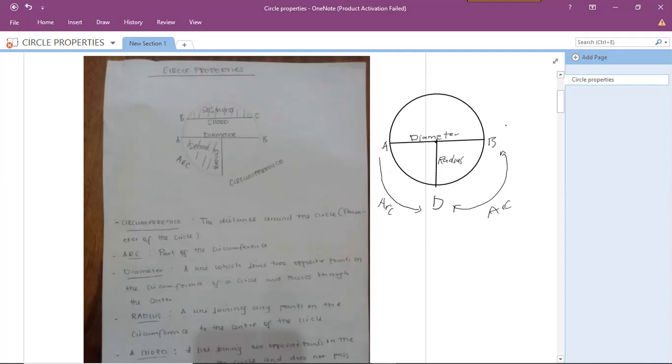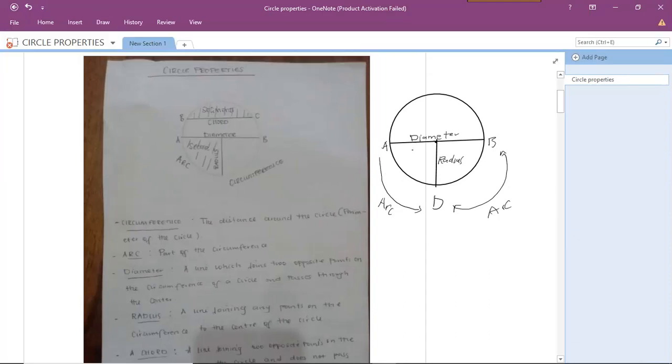Same here, the distance from B all the way to A is also an arc. So an arc is just anything that's a small segment of the circumference. As long as it's just part of the circumference, that distance is going to be called an arc.